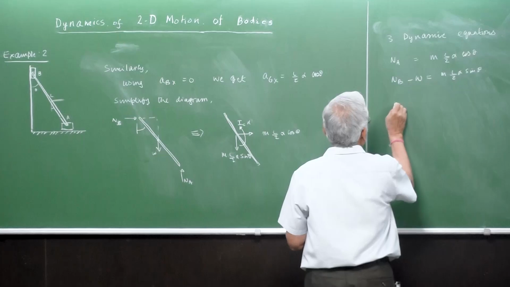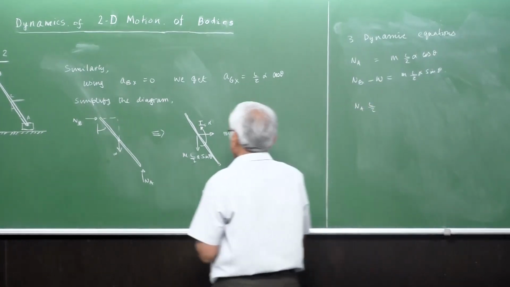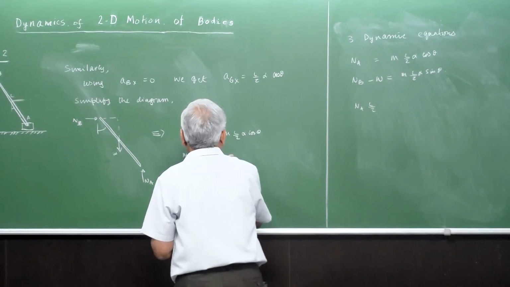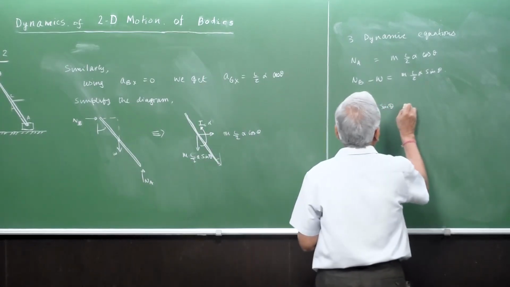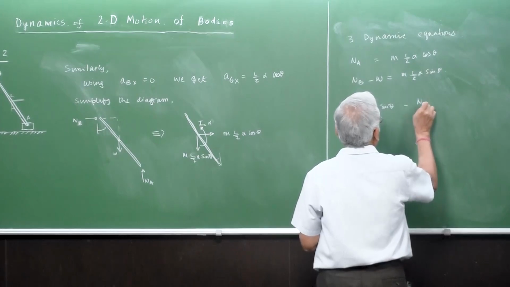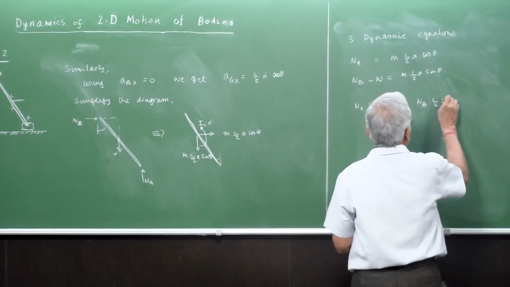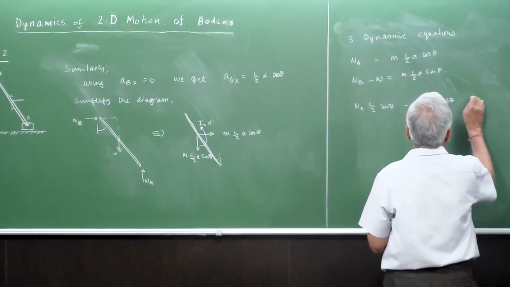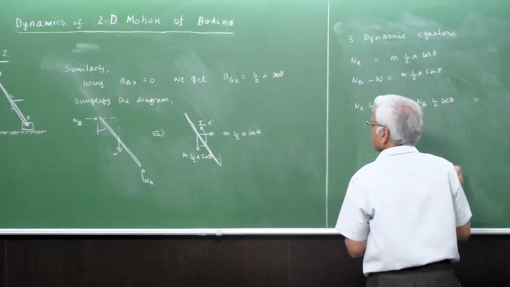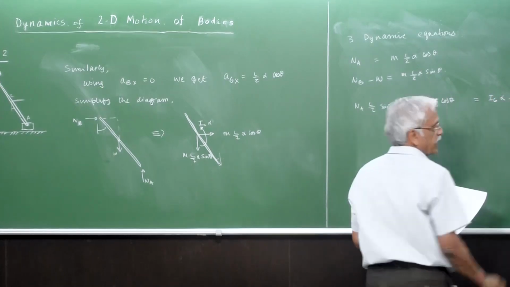So Na times L by 2 sin theta minus NB times L by 2 cos theta, and W does not have anything. So this is equal to Ig times alpha.